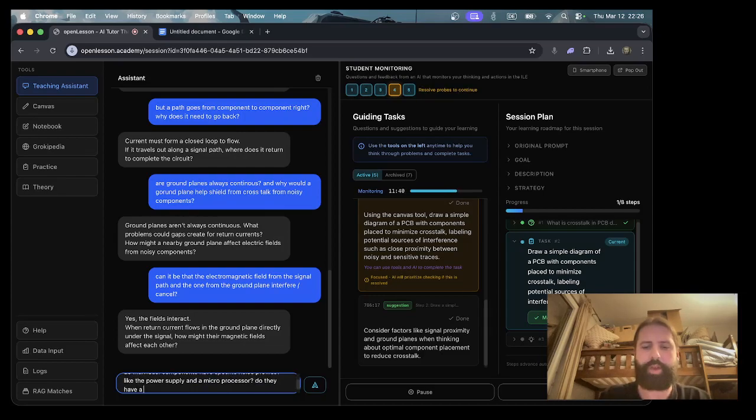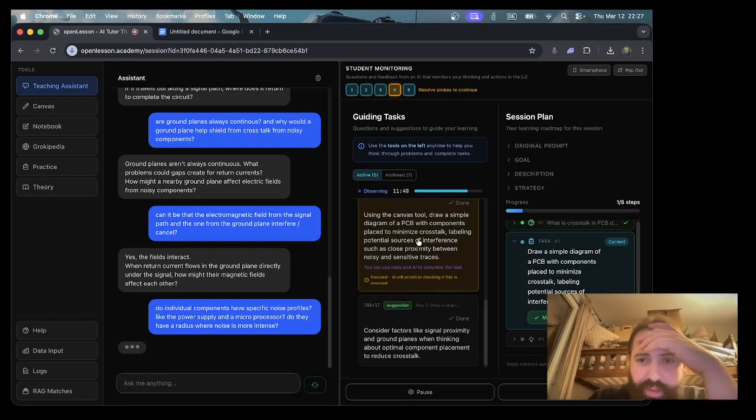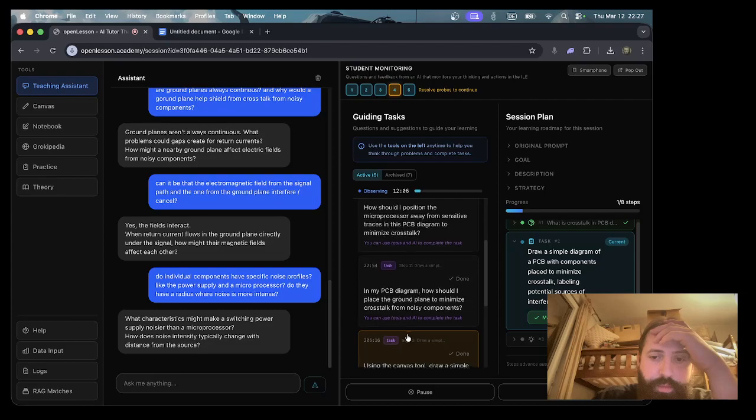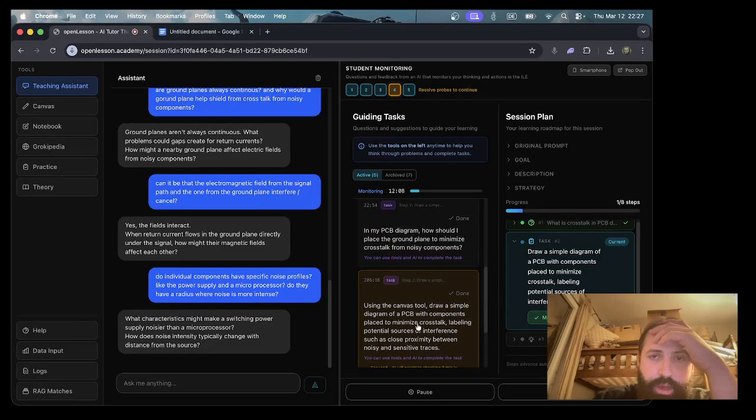Do they have a radius where noise is more intense? I think that's a good question. The noise intensity decreases. Yeah, I think so. Maybe that is why.